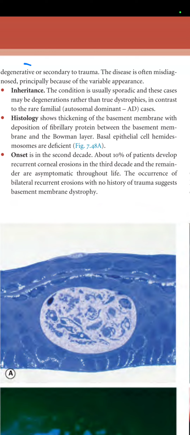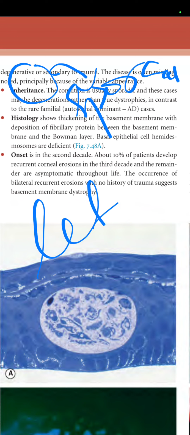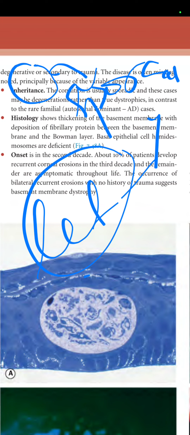According to inheritance, it is sporadic. Because no certain gene has been identified to cause this dystrophy, it is now considered a degeneration rather than a dystrophy. But for now, we usually study it under the corneal dystrophies.